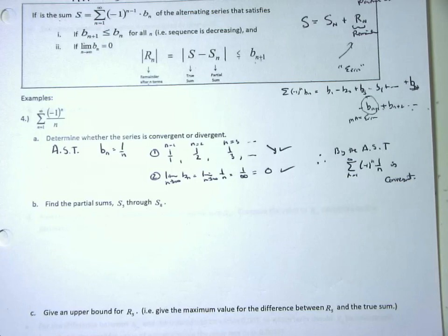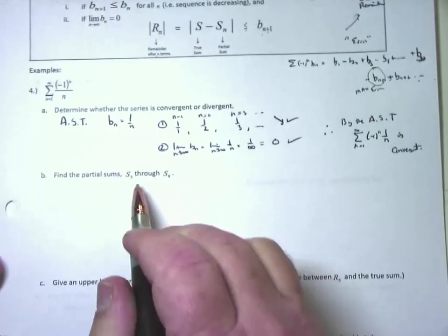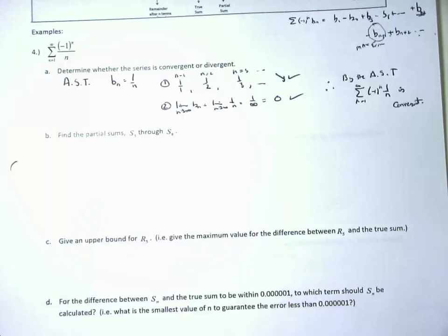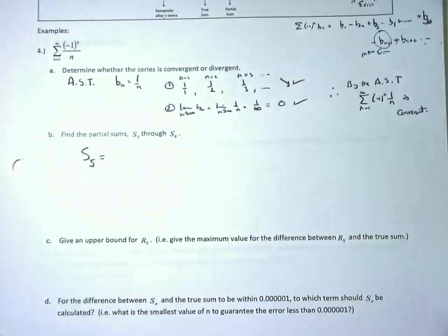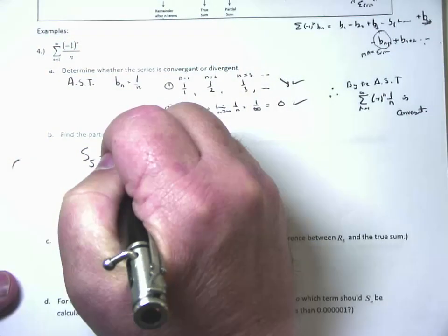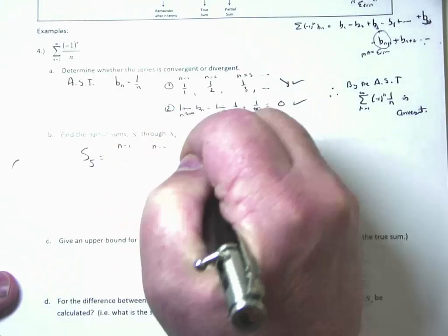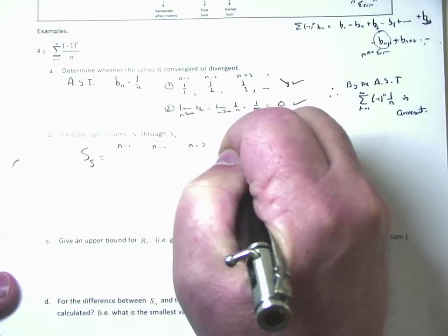Now, the next part is this. We're supposed to calculate the partial sums from S5 through S8. What is S5? S5 is adding up the first 5 terms of the series. So n equals 1, 2, 3, 4, 5. I'm going to add them up.